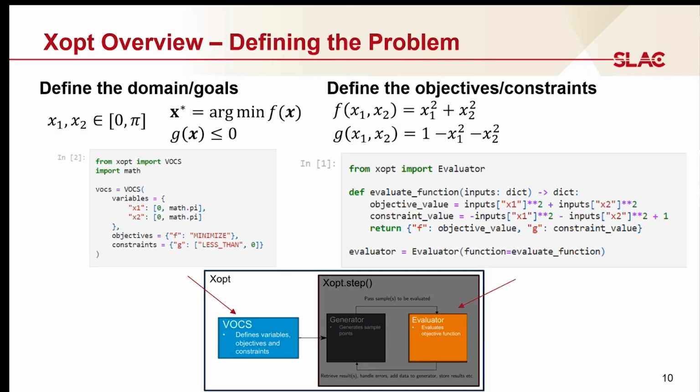We encode that information into our VOX object. Then, inside of our example evaluator function, we create an evaluate function that computes some quantities based on our inputs, with keys that correspond to our variables. And then we return our objectives and constraints in a similar dictionary.